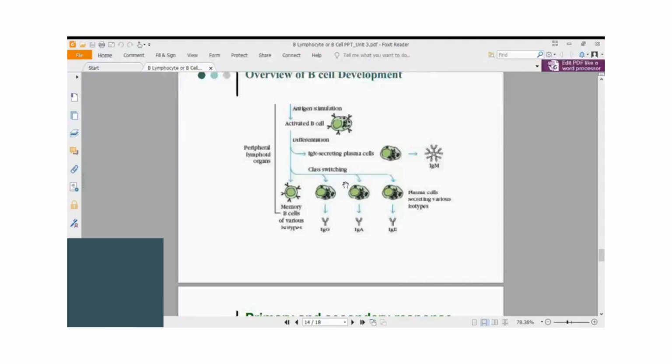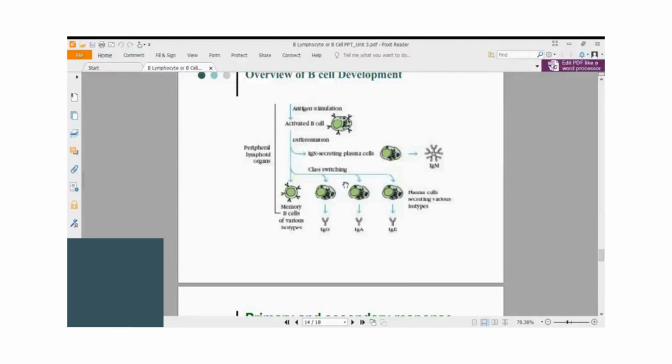All these three points I'll be explaining to you in detail when I talk about the antibody genes, the organization of the antibody genes, and how the antibody is going to be produced with the recombination of variable region gene with the constant region gene.